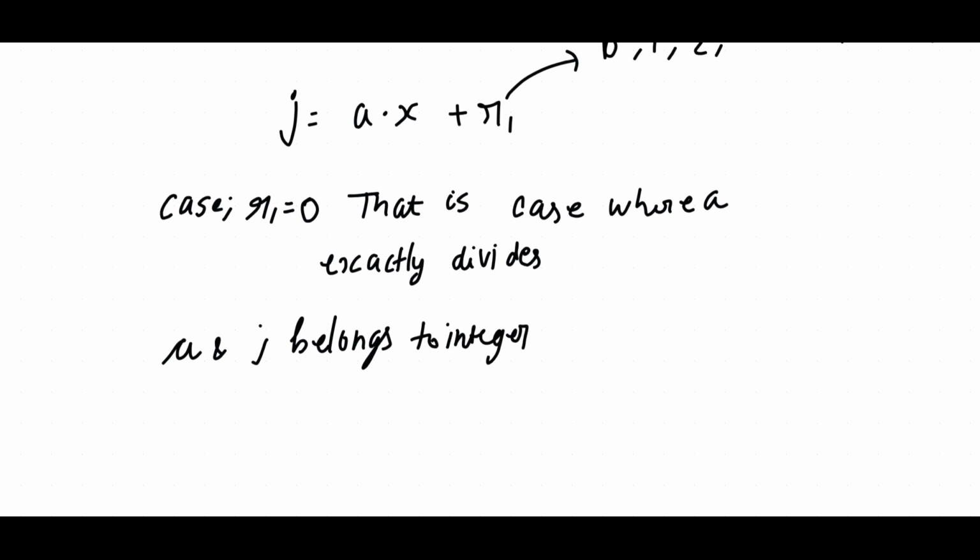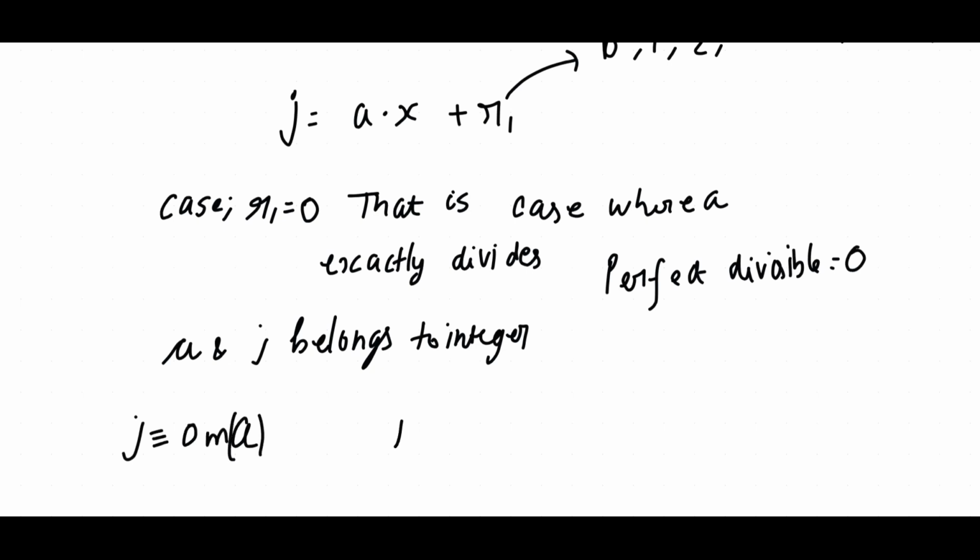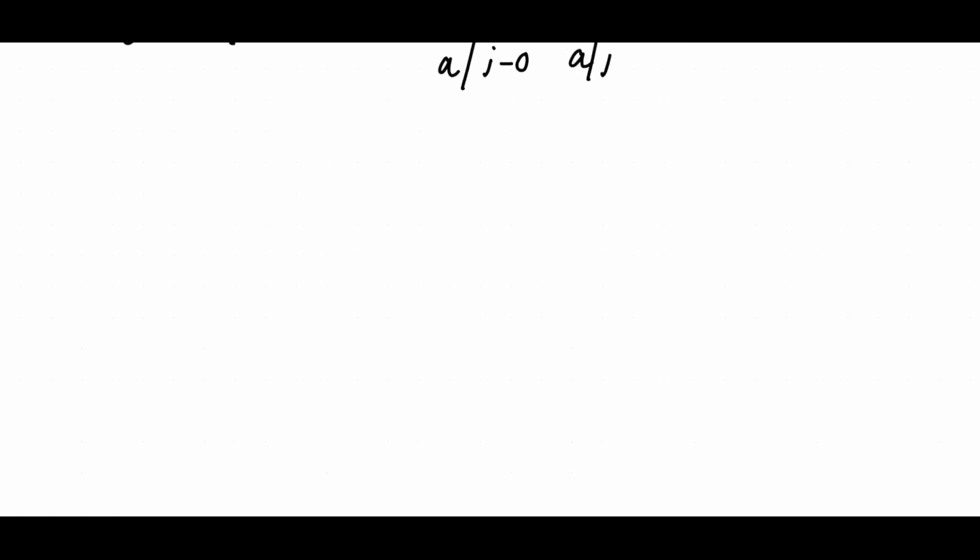Yes, that's the thing. We can write in that modulo thing, J will be 0 mod A, because A divides J minus 0, A divides J. Is it fine?